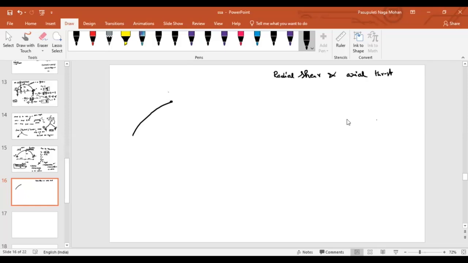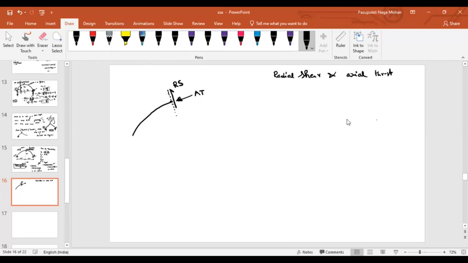At that section, let us say this is the section I am talking about. Axial thrust means it is oriented towards the cross section, as we have already discussed. This is always towards the section. Always the compression forces will be there. So let us say this is the axial thrust, AT, and the radial shear, the unbalanced force here. This is nothing but your radial shear.